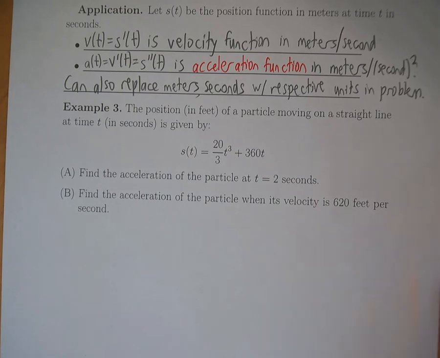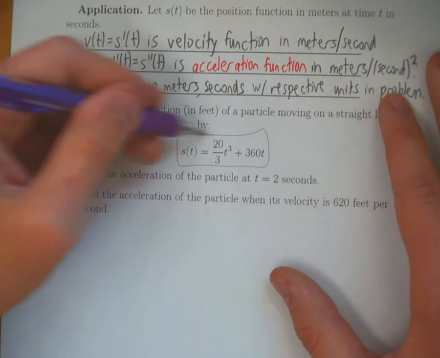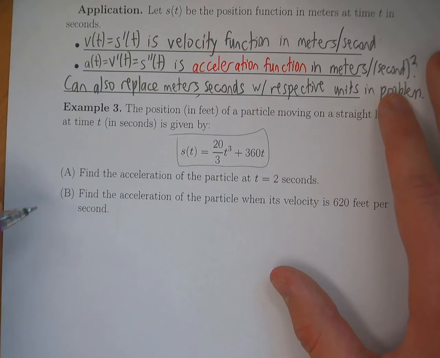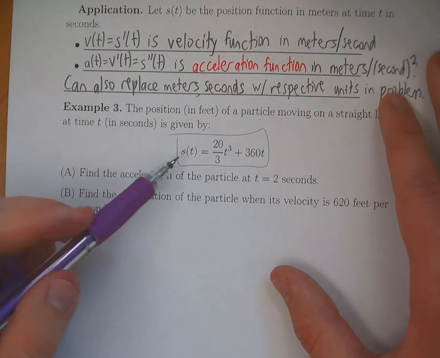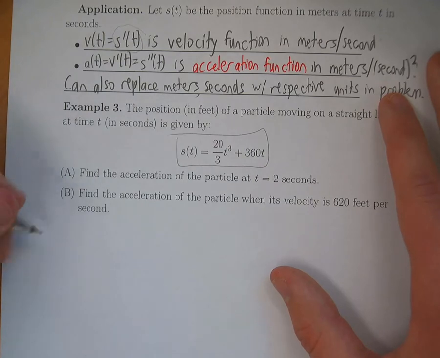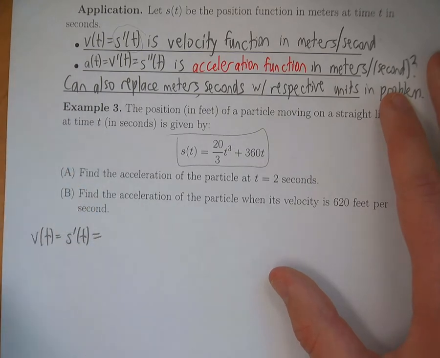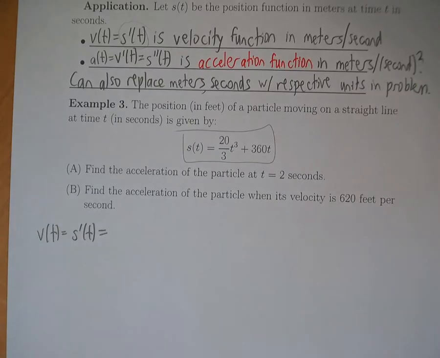Since we ultimately have to figure out what's going on with acceleration, we should probably find the acceleration function first. In order to do that, it might help to find the velocity function first. So velocity equals the derivative of position, which equals what?